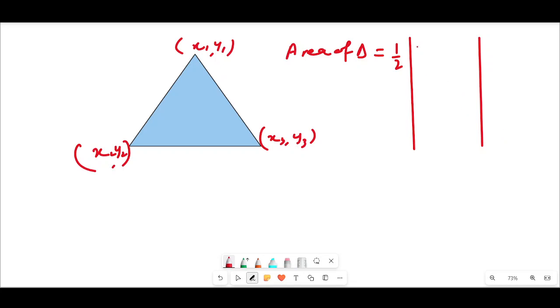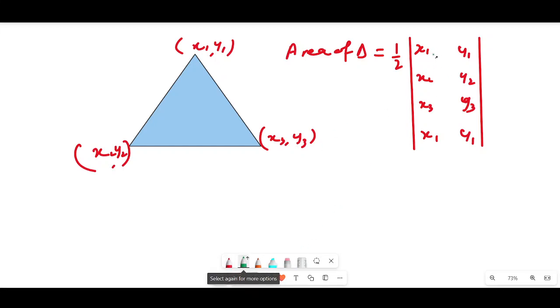First, we should write x1, y1, x2, y2, x3, y3, and x1 y1 again, then multiply and subtract. First multiply it, then add it.